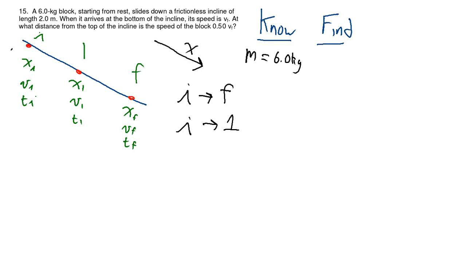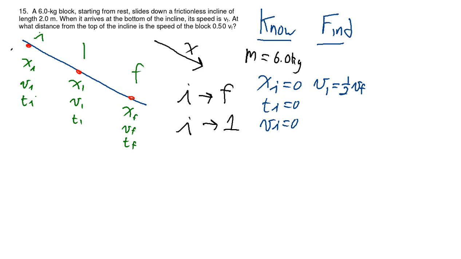Let's start at point I, and we'll let that be the origin of the coordinate system. So x is equal to 0, t sub I is equal to 0, and v sub I is equal to 0. At point number 1, the intermediate point, the velocity is equal to 1/2 of v sub f.